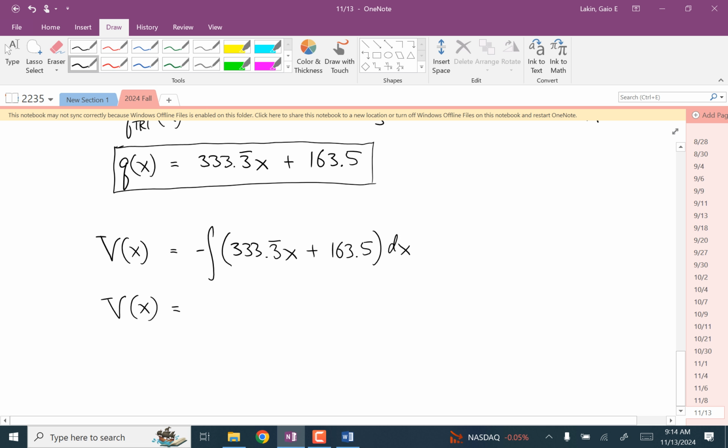And so that is negative 166.6 repeating x squared plus 163.5x plus a constant of integration. Minus? Yeah, thank you.